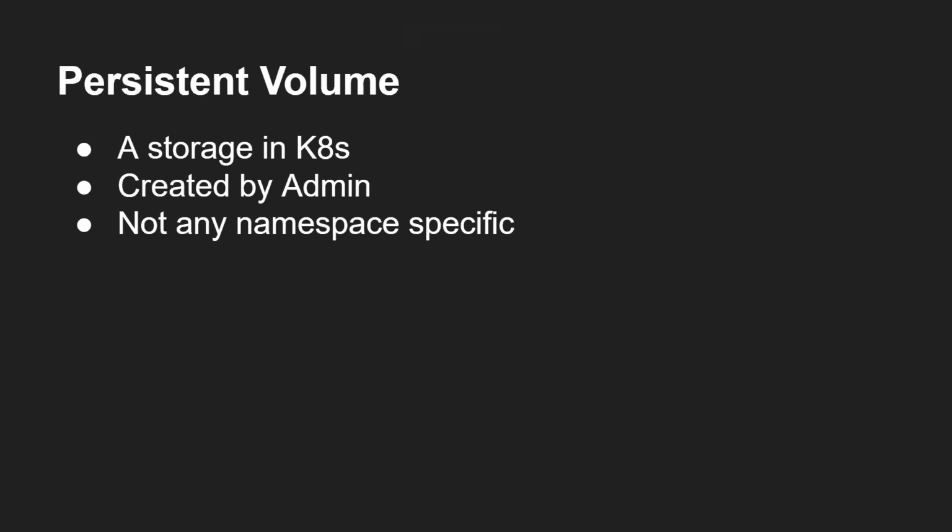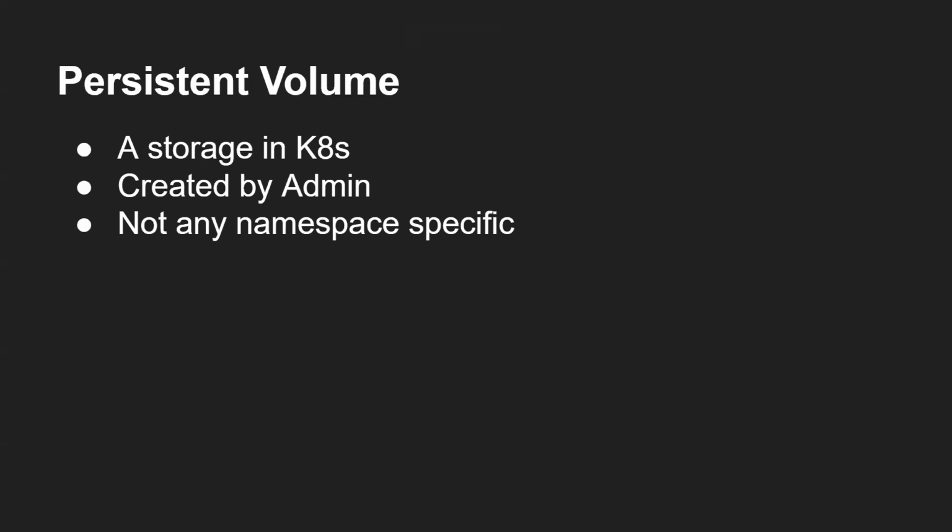Apart from the cloud, we have storages like EBS, EFS, NFS, different kinds of storages. But when it comes to Kubernetes, we have to create a storage called persistent volume, which will be created by your admin. If you are in a Kubernetes cluster, the admin will create the persistent volume.